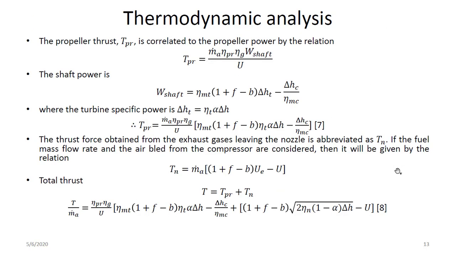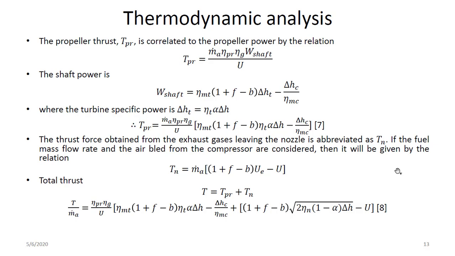And the propeller efficiency is related to the propeller power by this relation. So the propeller thrust is equal to the mass flow multiplied by the propeller efficiency multiplied by the gearbox efficiency, then the shaft power divided by the flight speed. And the shaft power is given by this formula.